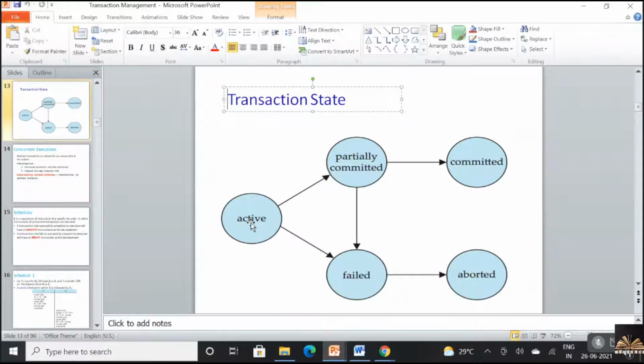Active means the transaction is in active mode, it has just begun its execution. It reaches the partially committed state whenever it has executed its last statement. And once there is a failure after it has reached the partially committed state, it enters into the failed state.